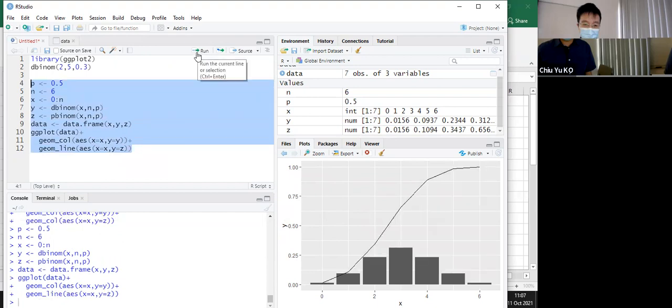So this would be the diagram: X is the value of X, right? And the Y will be the PX, and the Z will be the F of X. So you can see a plot. P is here, F like this. I hope that would be okay. So that's how you draw it in R.